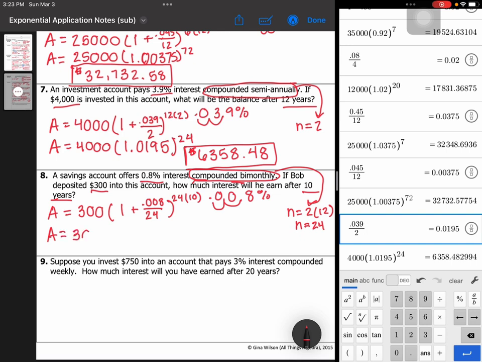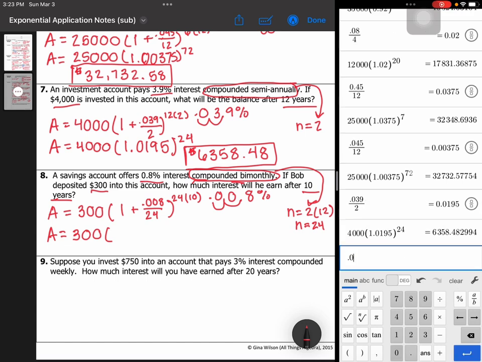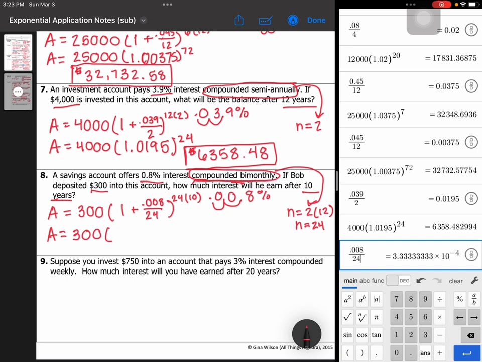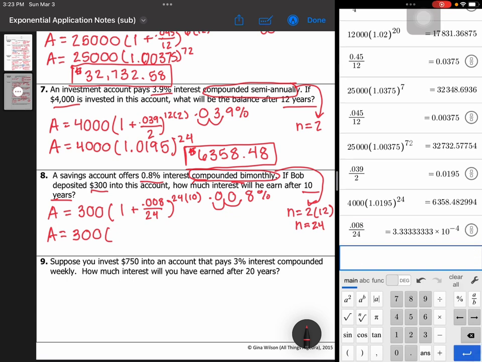So if we want to simplify, in my calculator, I'll do 0.008 divided by 24. This is what we call scientific notation, so we actually don't have to use that. We can leave it as this fraction, which might be better for us instead of moving it out of scientific notation.